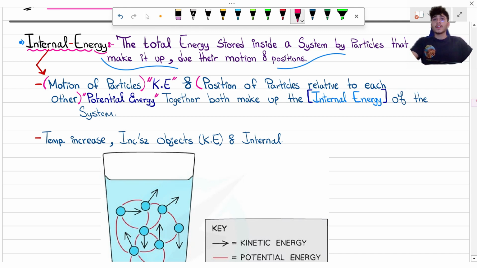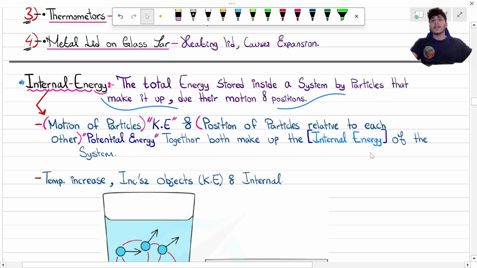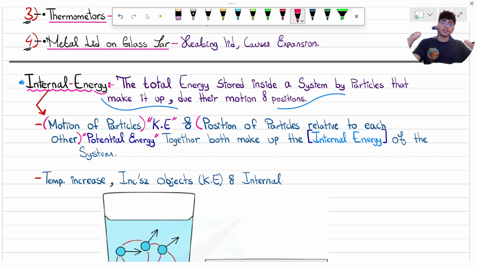Internal energy is the total energy stored inside a system by the particles that make it up, due to their motion and positions. It's the total energy, because an object has many energies: kinetic energy, gravitational potential energy, potential energy, thermal energy.